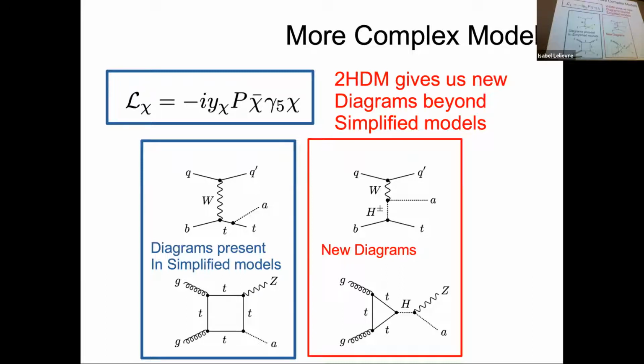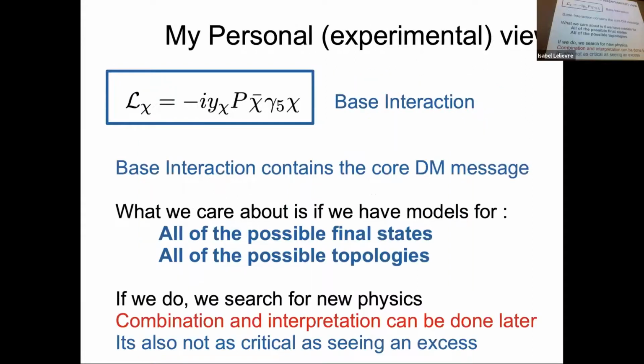But you also get new diagrams like this where you have a top and a jet, with a charged Higgs boson exchange, a charged heavy new Higgs boson. And you also get things like this resonant mono Z, where a Higgs decays to a pseudoscalar and a Z, and this is resonant at one of the new scalar masses. So you end up with more diagrams, but it turns out the conclusions are quite similar to the simplified model.